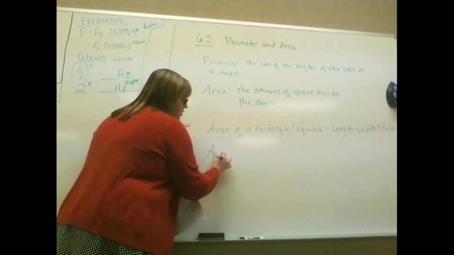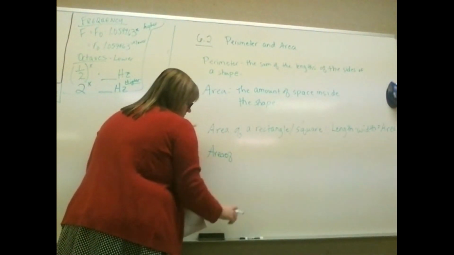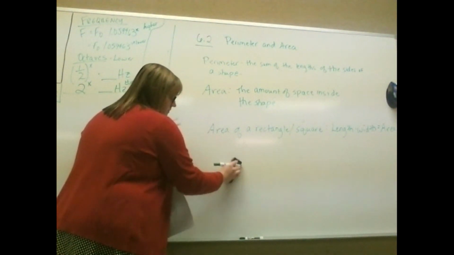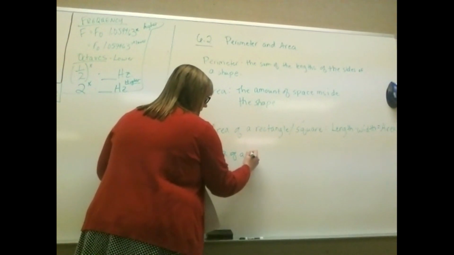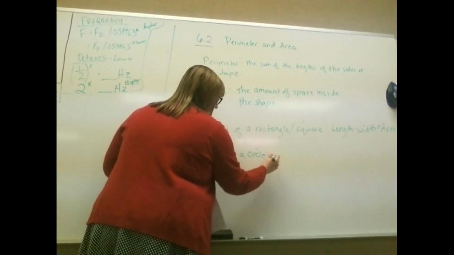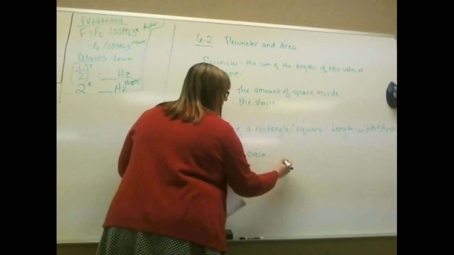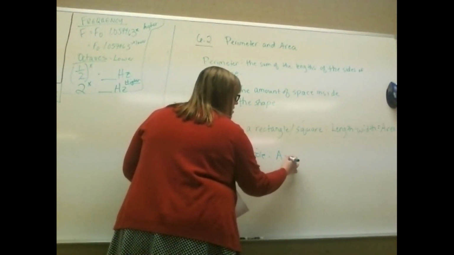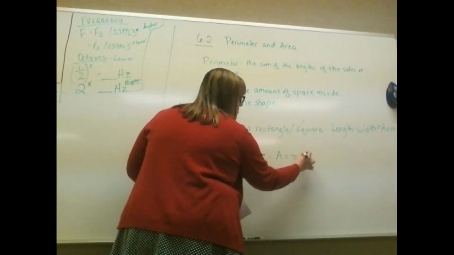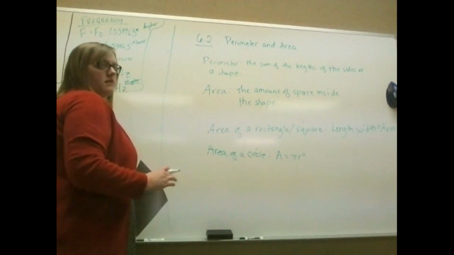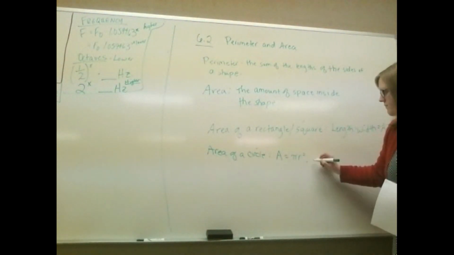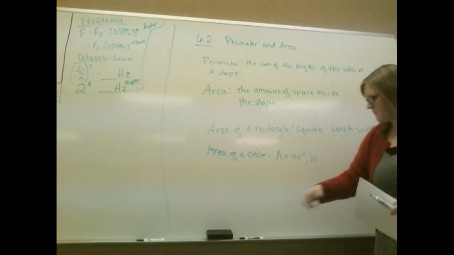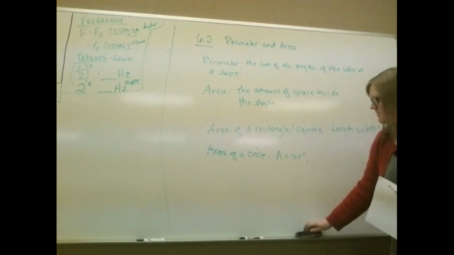The area of a circle is area equals pi times the radius squared. So R stands for radius of the circle. Write that right next to it.